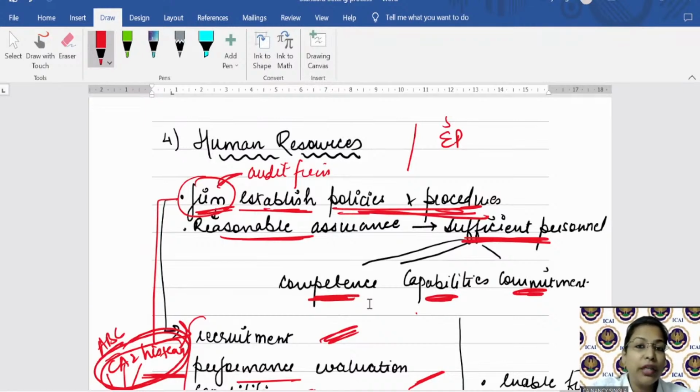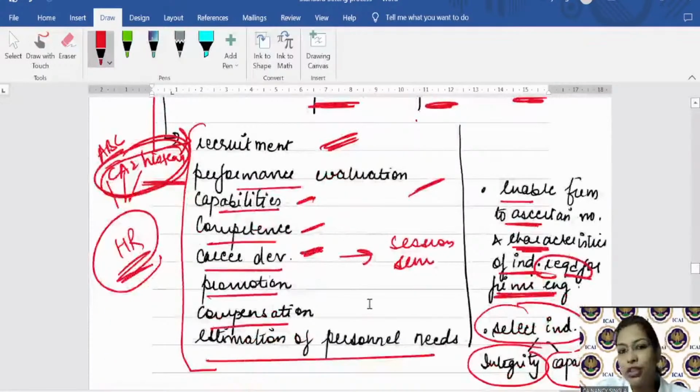And if the audit firm is not making such policies, how will they know how much staff they have, what are the capabilities, what is the competence, है ना, कैसे पता चलेगा ना. So उसके लिए such policies and procedure needs to be there. So it will help them to identify the number and characteristics of individuals जो required है, and accordingly they'll be in a position to select them.